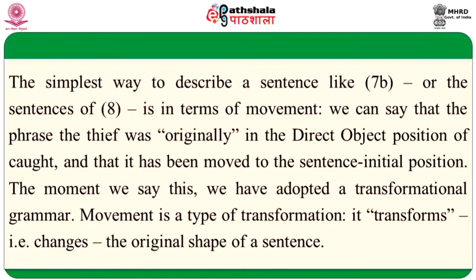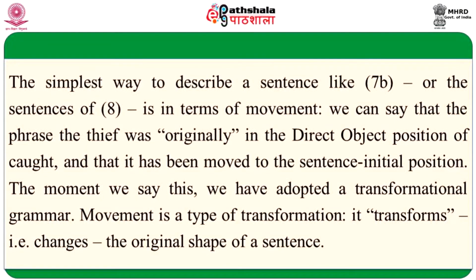The simplest way to describe a sentence like 7b that you have seen before, or the sentences of 8 that have just gone before, is in terms of movement. We can say that the phrase the thief was originally in the direct object position of caught, and that it has been moved to the sentence initial position.